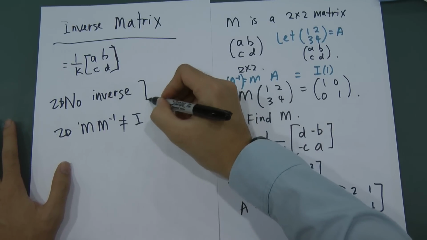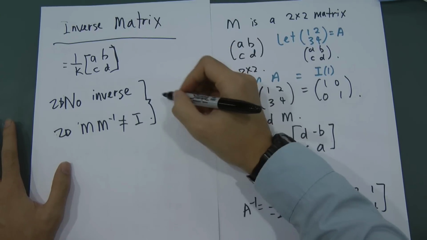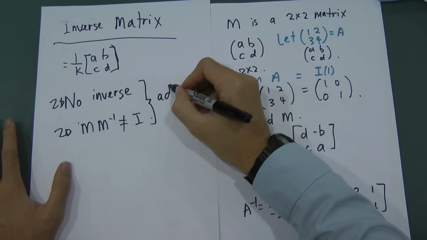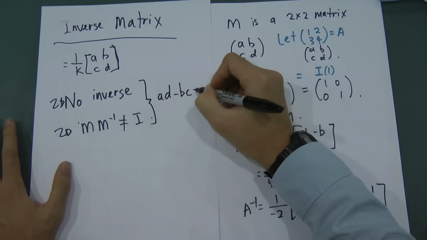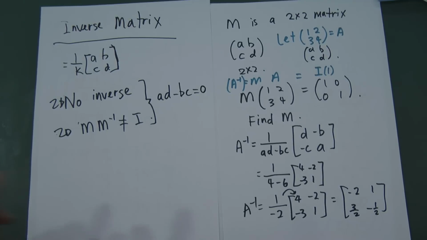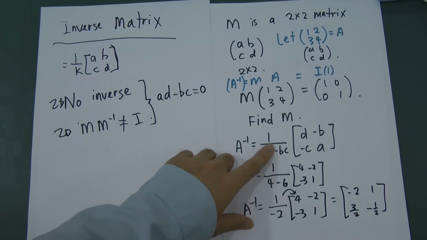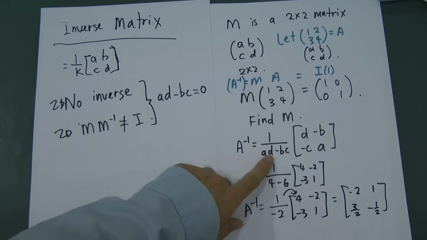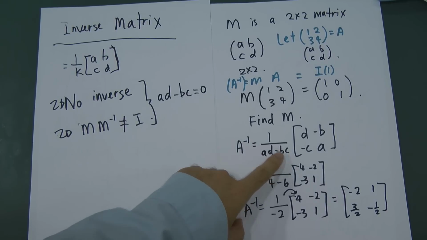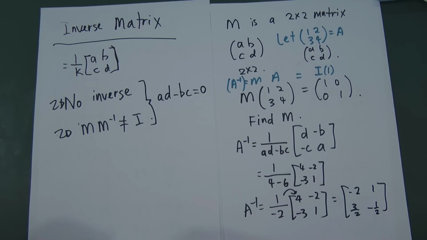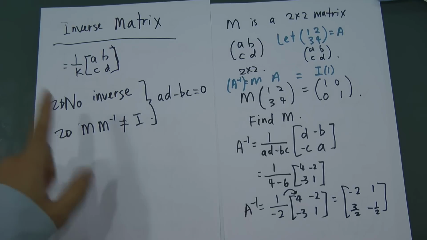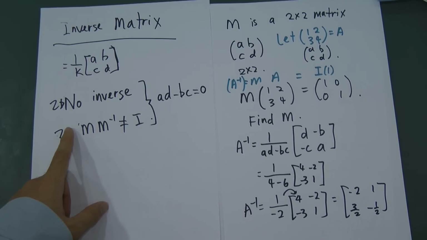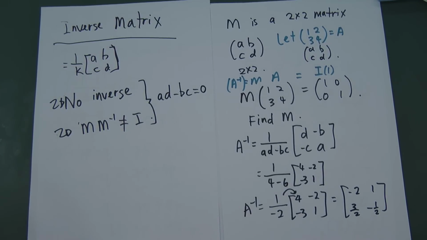Whenever you see this one, you straight away have to understand this means AD minus BC will equal 0. Because when this one equals 0, you will never have the inverse matrix. Why?